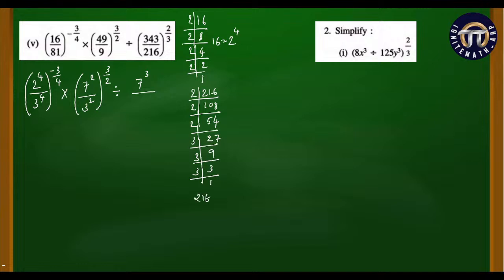So 216 means what, children? It is 2 to the power of 3 and 3 to the power of 3. So I can write this one as 2 into 3 to the power of 3, whole to the power of 2 by 3, because 2 by 3 is already given in the question.